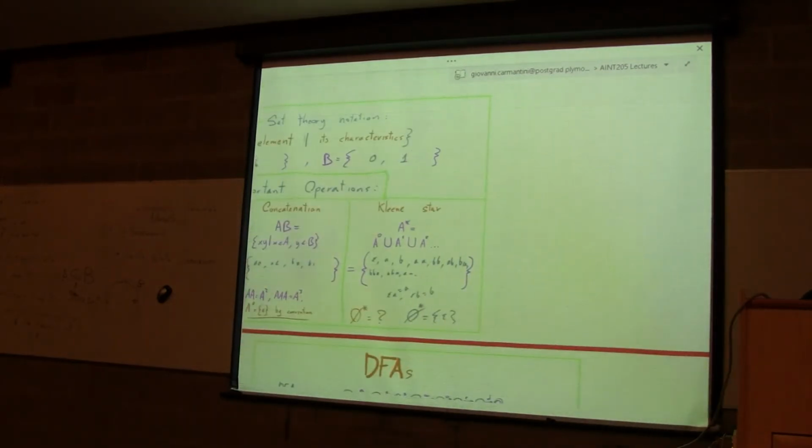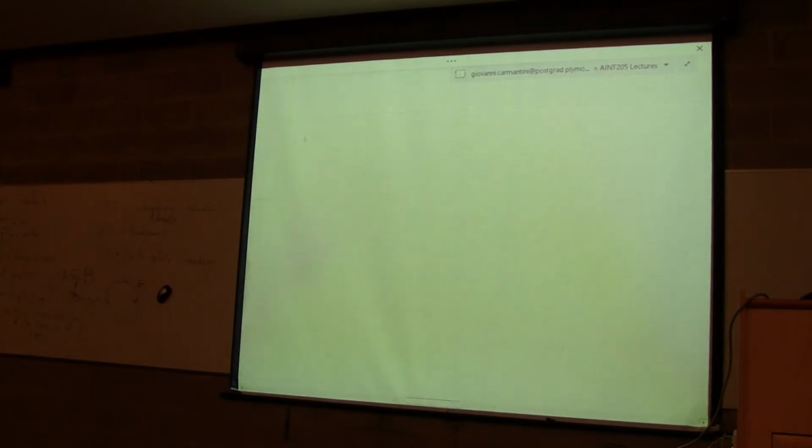Let's say that A is equal to {0, 1, 2}, B is equal to {0, 4, 8}. These are all symbols.